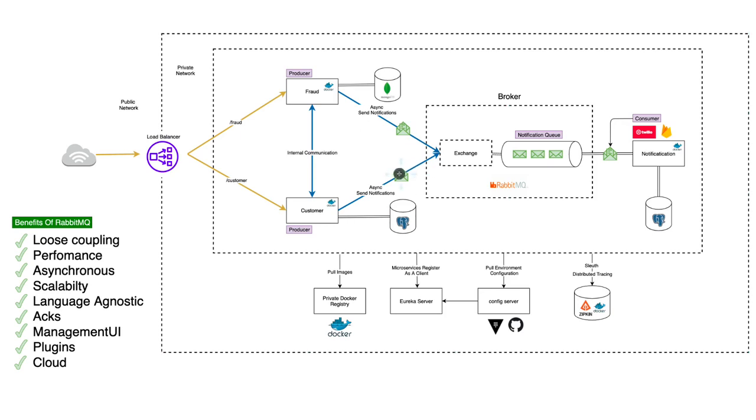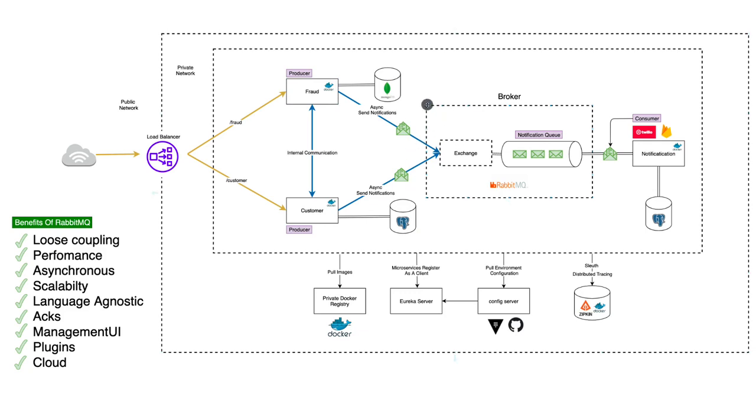Now this message here gets sent to the exchange, and the exchange's job is to route the messages to the according consumer. So in this case right here, you can see that this exchange forwards these messages coming from fraud as well as customer, and then notification consumes the messages from this queue right here. So fraud, customer are producers.